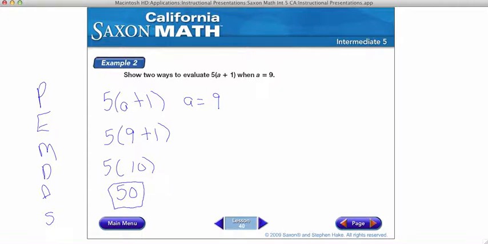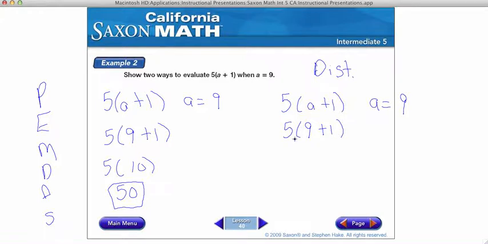Now the distributive property. Again, I rewrite the problem. 5 times a plus 1, a equals 9. I rewrite the problem. 5 times 9 plus 1.